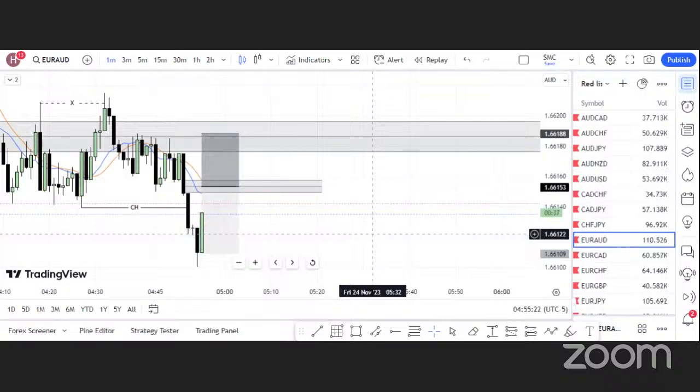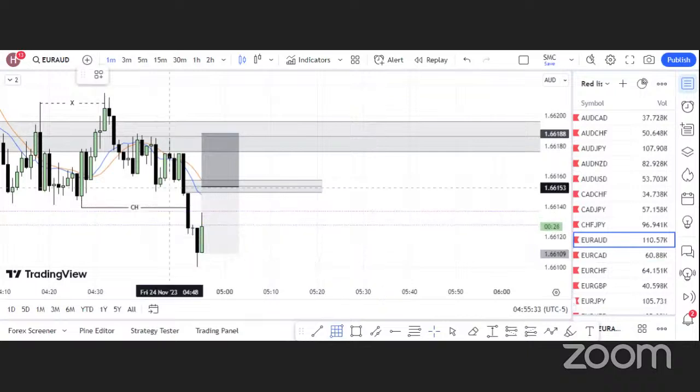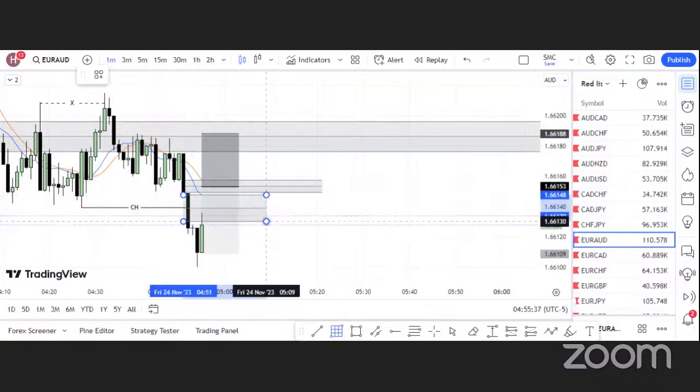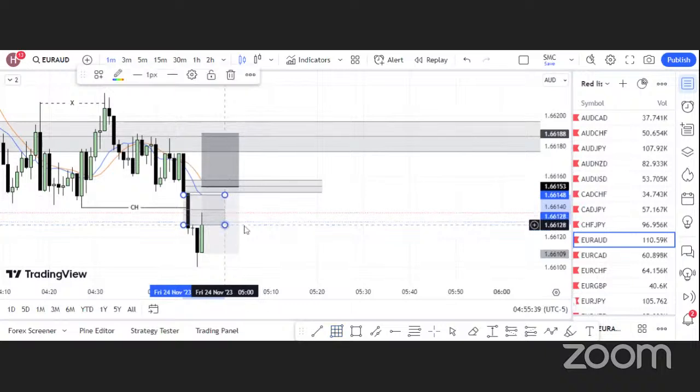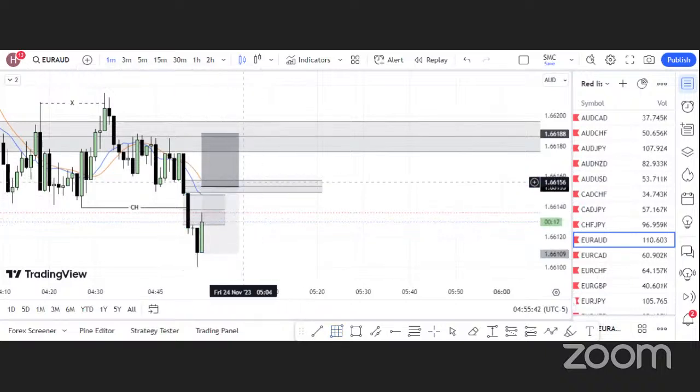Okay, you see what the market is currently doing. So let me see if it's going to go back there. Even though it doesn't go there, I think we have another area here where the market can reject from and continue to go down. But this is the extreme.